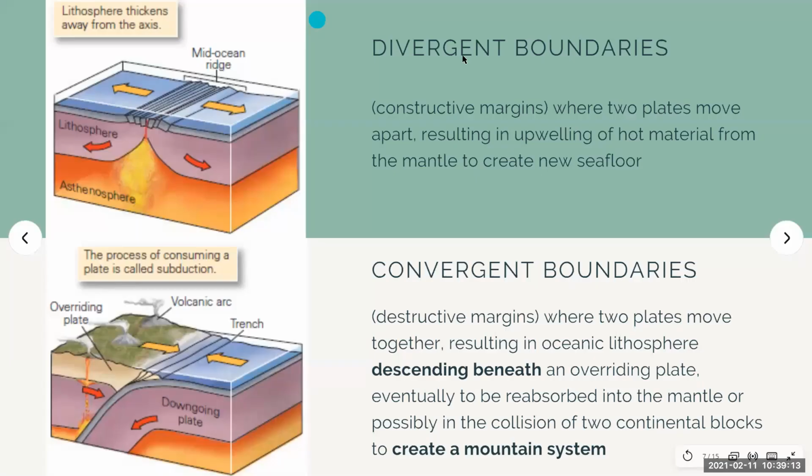Okay, so sige, tignan natin. From the discussion a while ago, plate boundaries have different interactions between each other. Divergent boundaries, or what we call constructive, is the plates moving apart from each other. Kapag nagmo-move apart yung two plates natin, nagkakaroon ng upwelling ng magma.